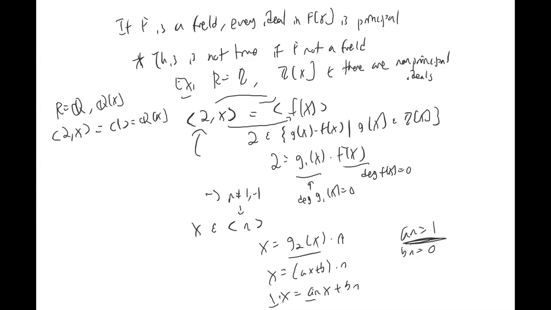Because once you have 2 in here, if I multiply by a half, I'm still in here by the absorption property of the ideal. And you know that once 1 is in your ring, you basically get the whole ring. So yeah, it's principal. Is everyone clear on this so far?